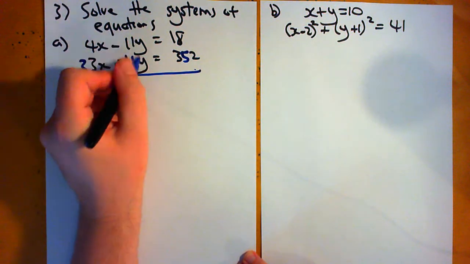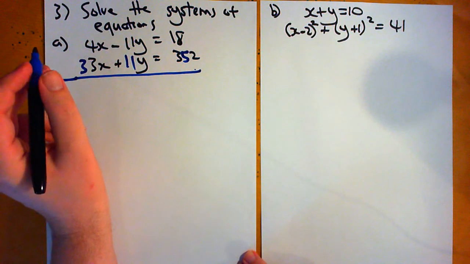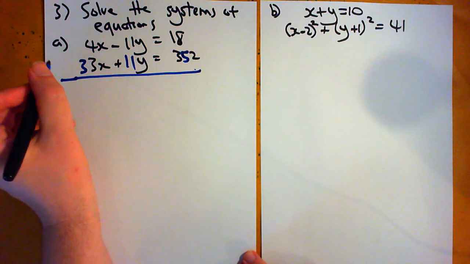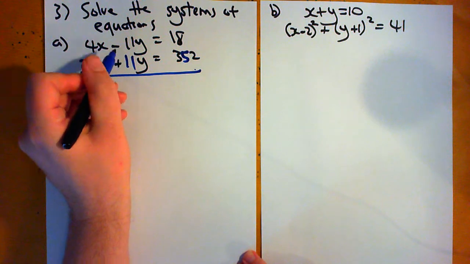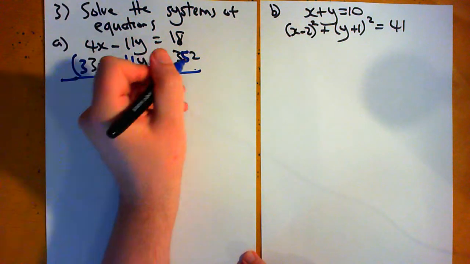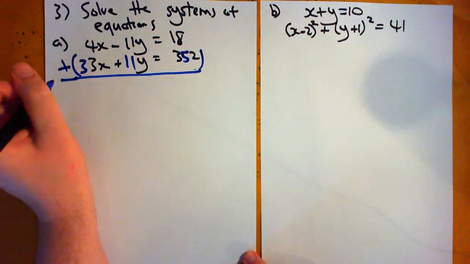So to cancel out the 11y's, do we want to add or do we want to subtract? The signs of the 11y terms are opposite. One's a plus, the other's a minus, which means we want to add them.